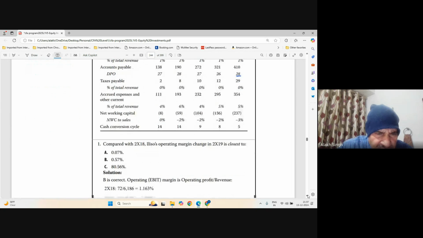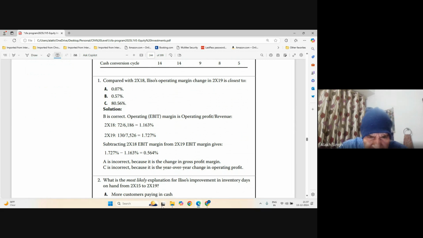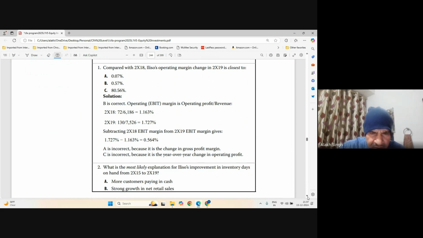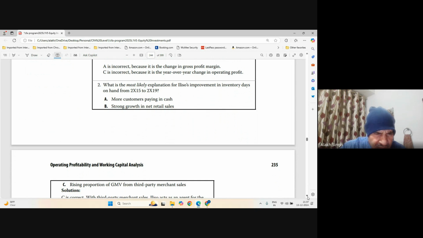Okay, so what is the question? Why is it improving? What is the most likely explanation? Most likely means you will not find it here. What is the most likely explanation for Elisho's improvement in inventory days on hand? Inventory days means inventory is smaller. Which of these three should be correct?